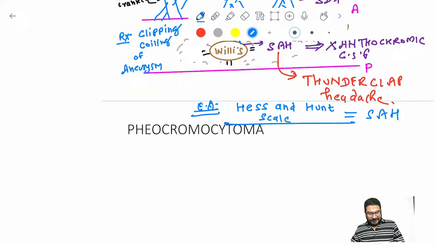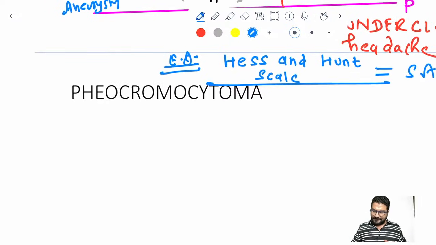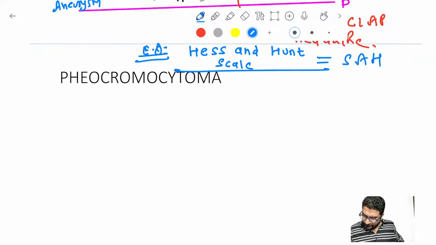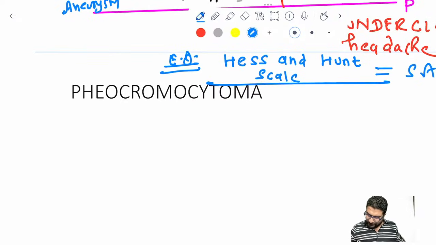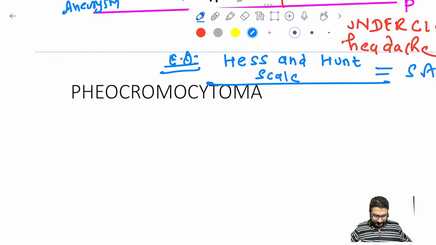Okay, pheochromocytoma questions come again and again, and they ask you questions on the investigation part. So how will you remember the investigations? Understand which investigations you have to remember. Anyone?